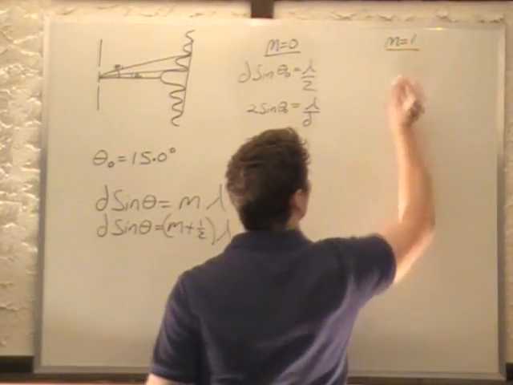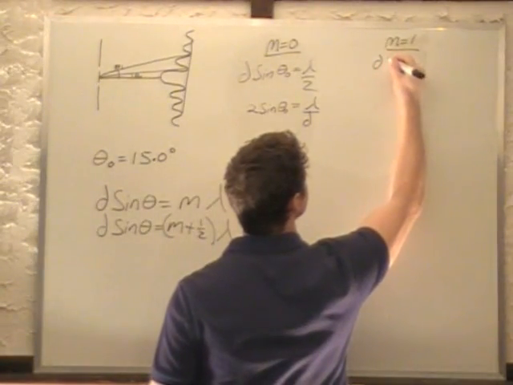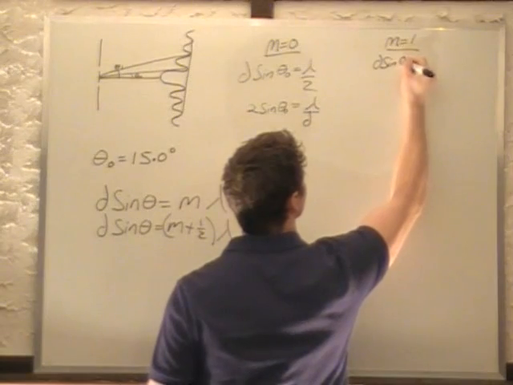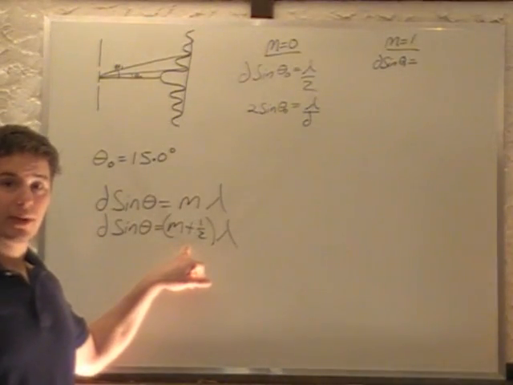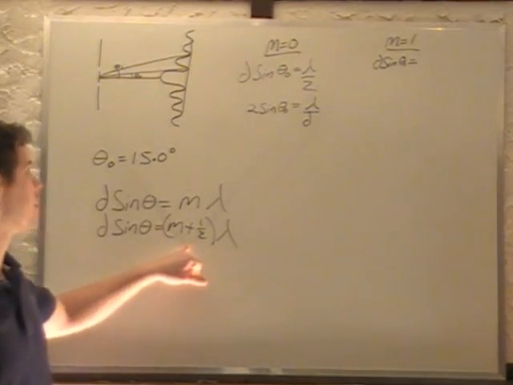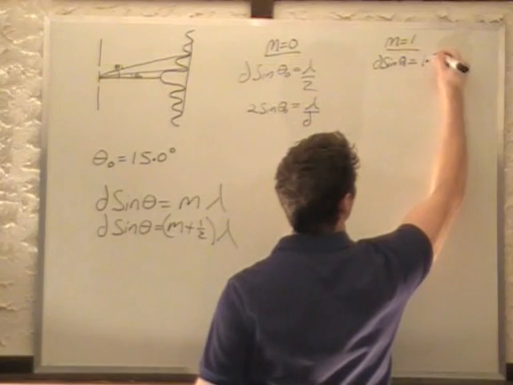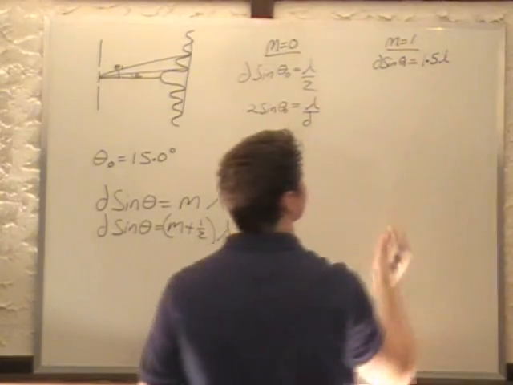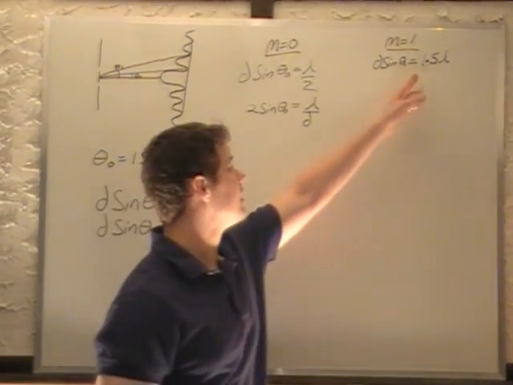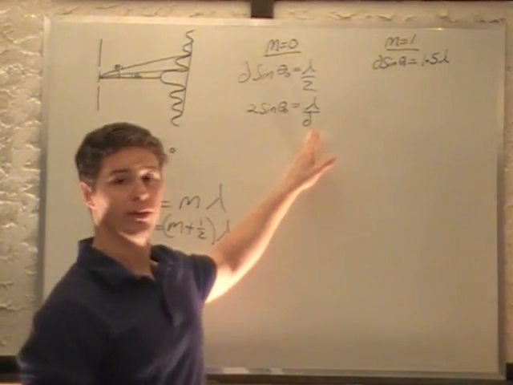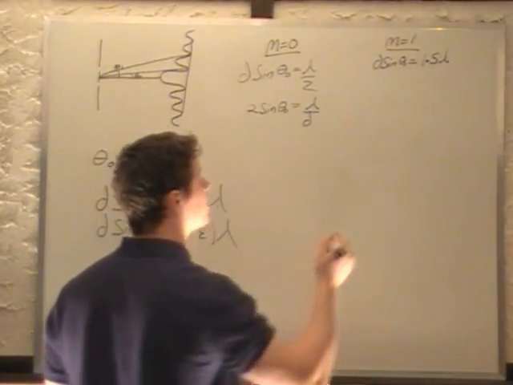For our m equals 1 part, same equation: d sine theta 1 equals, this time, 1.5 lambda. We add a half to 1, so 1.5 lambda. If we solve the exact same way and give ourselves lambda over d, we can set the two equal and figure out what theta 1 is.